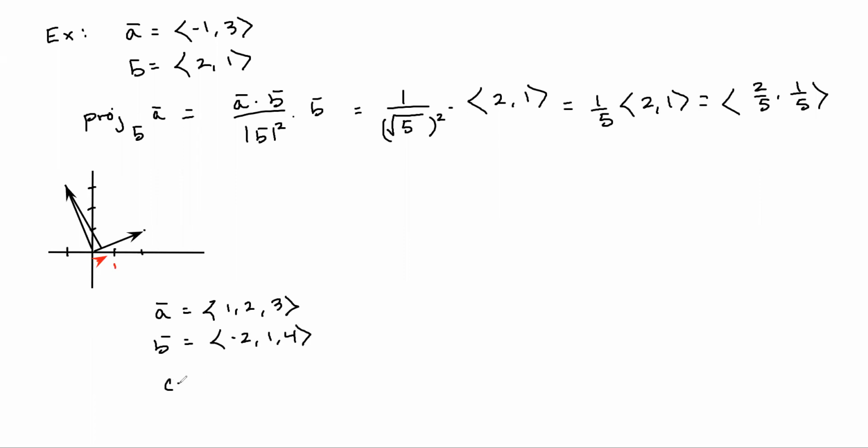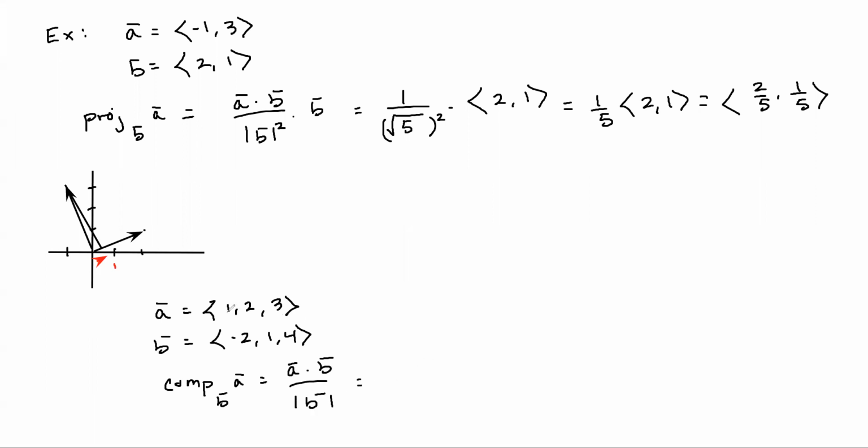And then we can calculate the component of A onto B. So this is going to be the length of the projection, or the length of that shadow that's cast. And that's A dot B over the length of B.